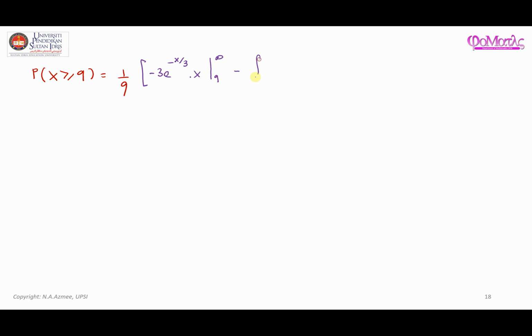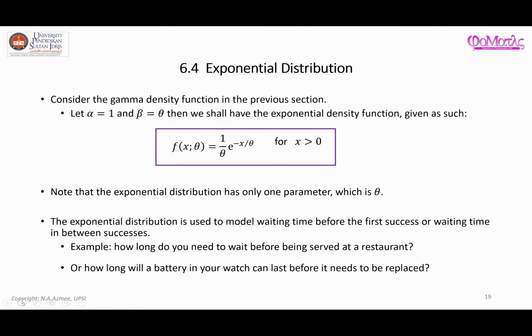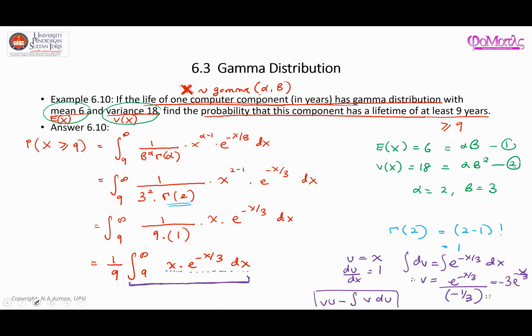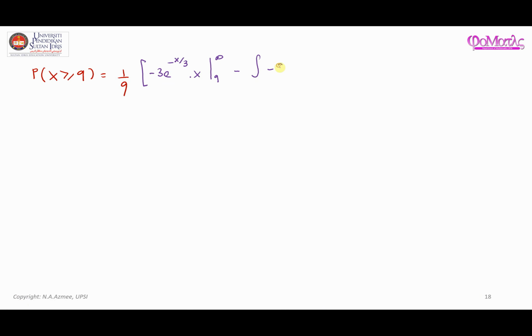Now minus the integral of v, and v is this guy, and du is just dx. Okay, du is just equal to dx. So negative 3 e^(-x/3) dx, evaluated from 9 to infinity.